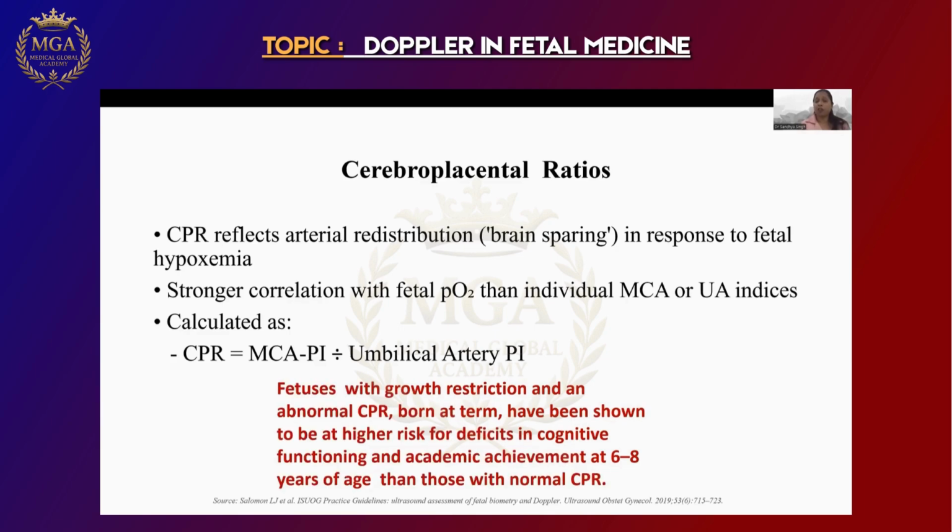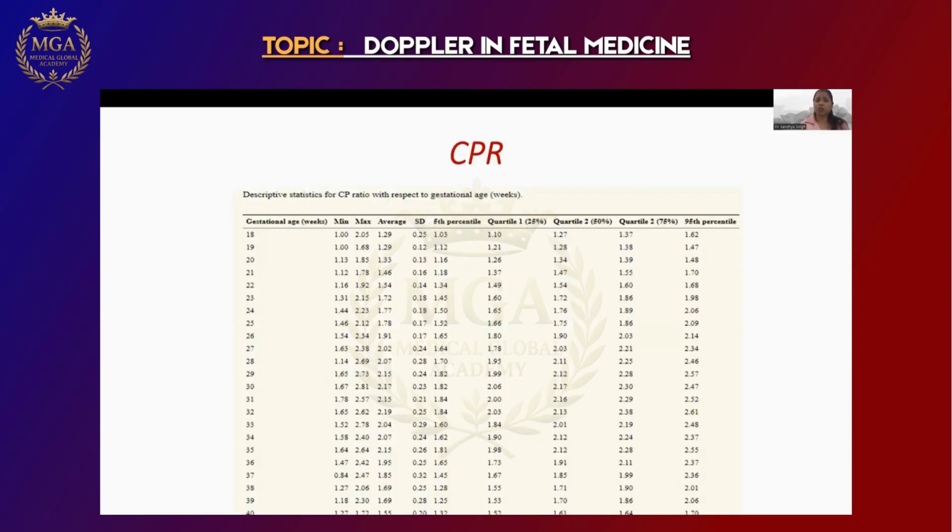Now, as I told you, in babies with FGR where CPR is abnormal, their cognitive function and achievements were bad as compared to a baby whose CPR was normal. This is the importance of CPR. For CPR also, you have cutoffs, but you don't have to mug up anything.